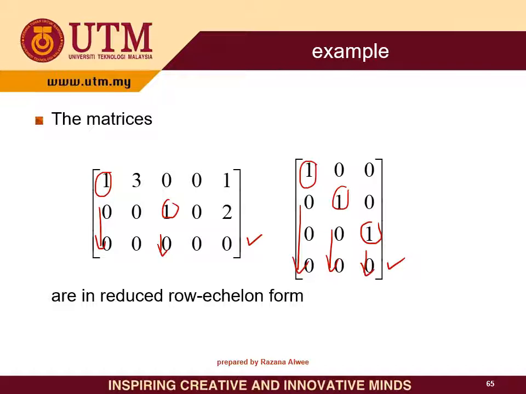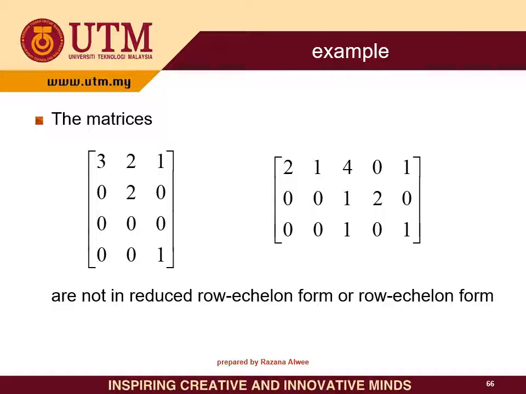But for the reduced conditions, the leading entry must be 1. So this is 1, this is 1, and the leading entry here is also 1, and inside its column it is the only number that is not 0. Looking up, they are also the only one. So this is a reduced row echelon form.